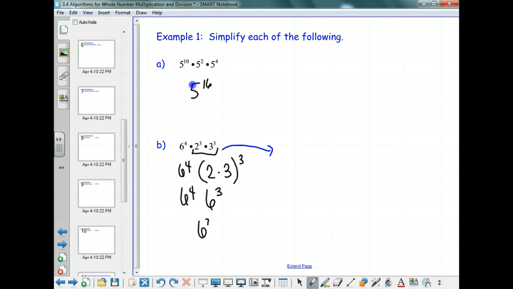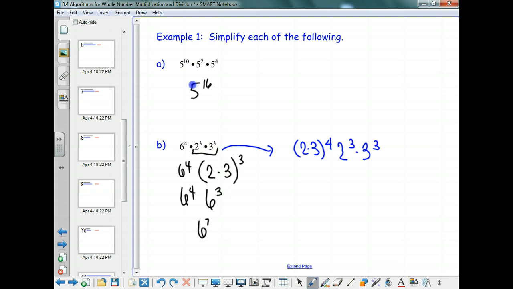The other option is instead of mushing the 2 and the 3 back in together to get 6s, I'm going to take the 6 at the beginning and I'm going to break it apart to get 2s and 3s. You following? Okay. So I could take this 6 and write it as 2 times 3 to the 4th. And then I've got 2 to the 3rd and 3 to the 3rd. Then I can use that same property number 4, but actually sort of in the forward direction of how we defined it.